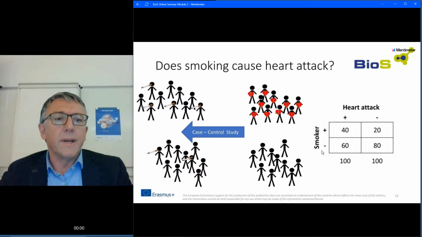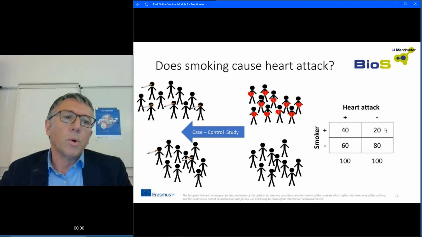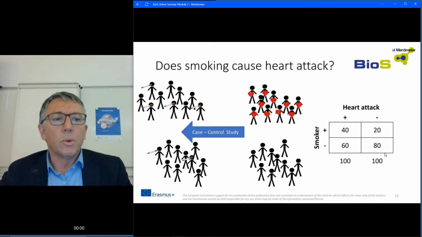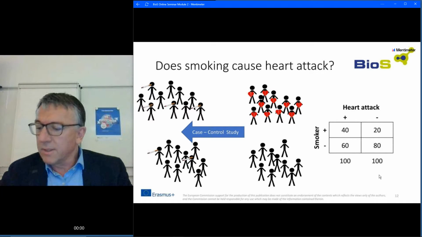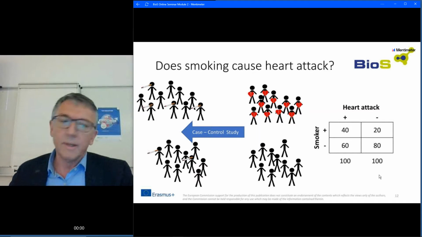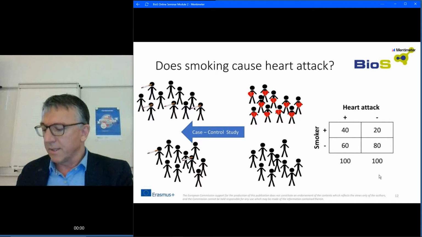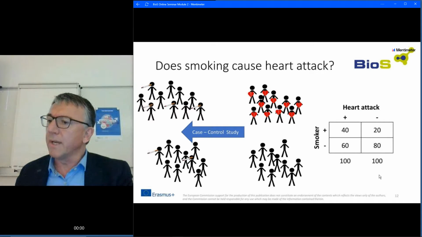So in the group with the heart attack, of the 100 people you identify for your case group, 40 had smoked and 60 had not smoked. And you do exactly the same thing in your control group, and you identify 20 people who have smoked and 80 people who had not smoked. And this is the information that is provided in this 2-by-2 table.